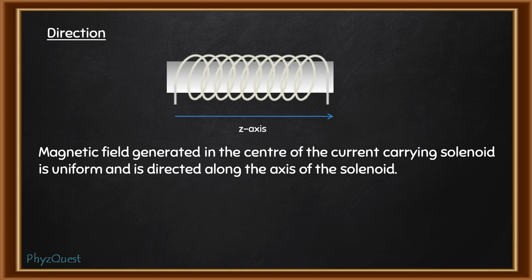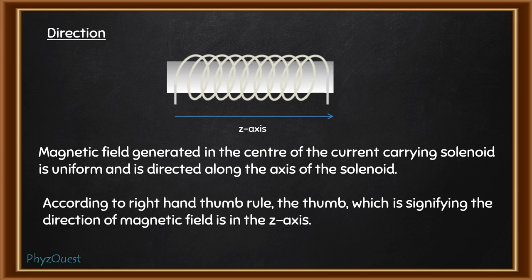When you apply the right hand thumb rule, the fingers are signifying the direction of the current, whereas the thumb is signifying the direction of the magnetic field. So here the thumb is pointing towards this direction, which means it is the z axis. So that means the magnetic field is along the z direction.